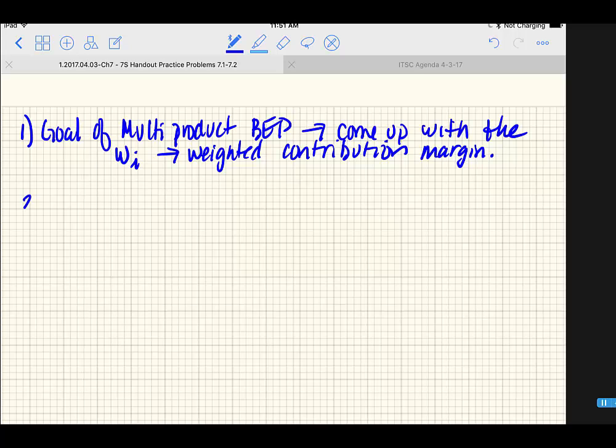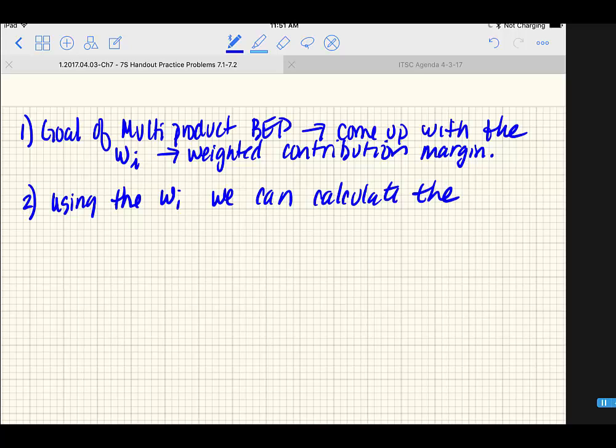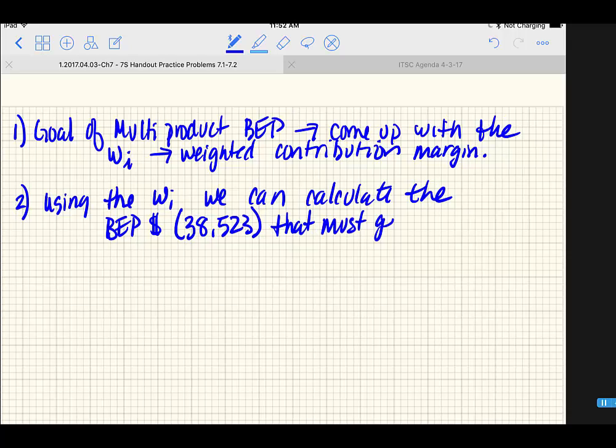From there, using the weighted contribution margin, we can calculate the break-even point in dollars, which on the previous page was that 38,523, that we must generate to break even.